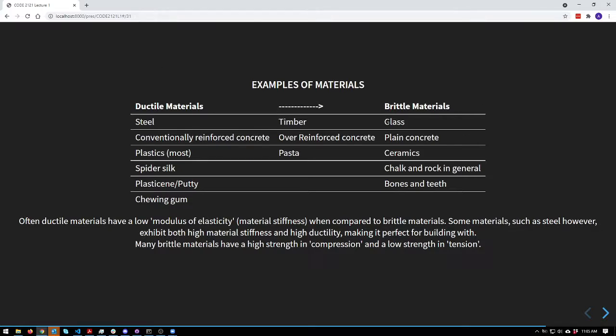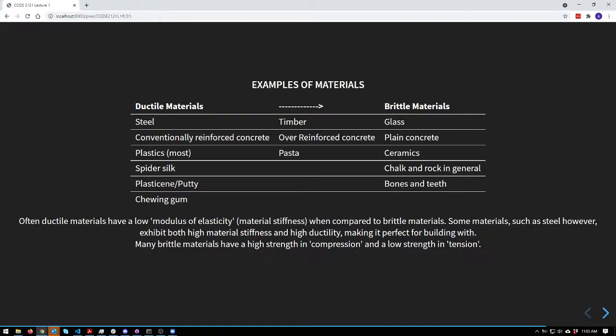Brittle materials are materials like glass, plain concrete, ceramics, chalk and rock, bones and teeth, stuff like that. And then in between, you end up with timber. Timber's a really interesting one because, depending on the species of timber and how it's treated, it could be ductile or brittle.